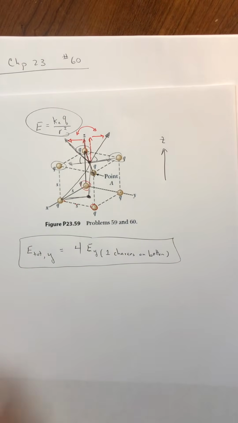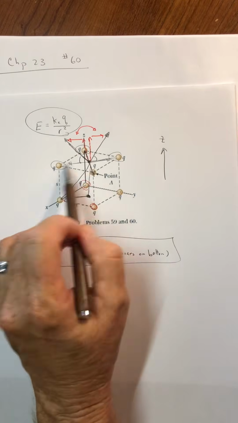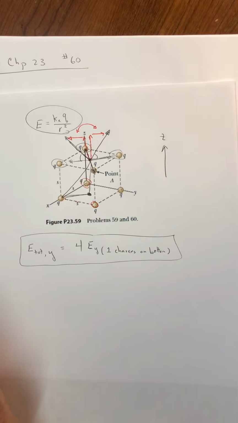So I'm pretty sure that's why your author put this as a magenta one, because students would be tempted to figure out the field from all 8 of them and start adding them together. And of course, if they did all that right, they would certainly get it right. But if they would have noticed that by the time you add up those 4, you come up with 0, that was just unnecessary work.